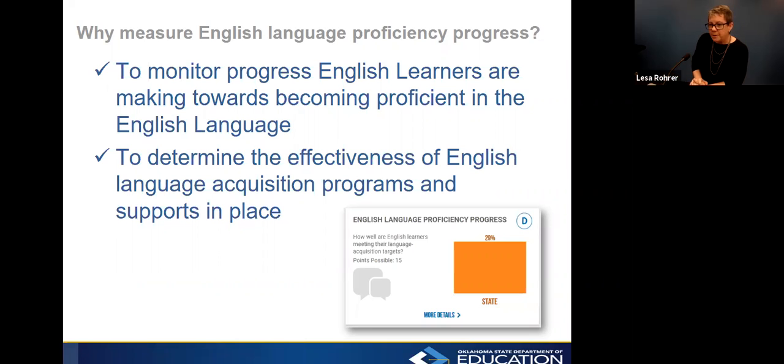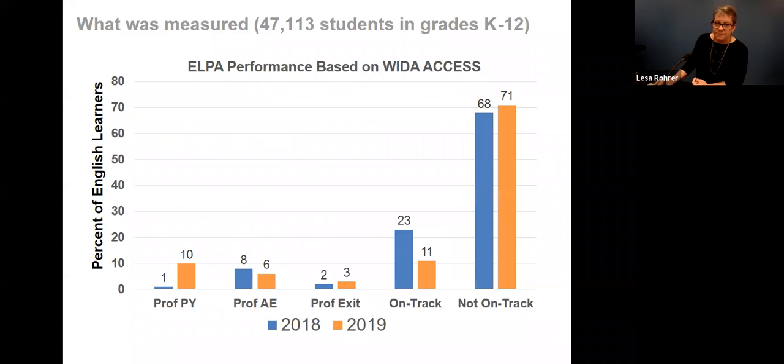Did you know that when we support our English learners, they outperform all other learners? We have data that supports that right here in Oklahoma, looking at our OSTP and our ELs that are proficient. So what was measured? There's a lot being measured in this indicator. We have the proficient in a prior year, the proficient students that auto-exited, the proficient students that exited via their test scores.